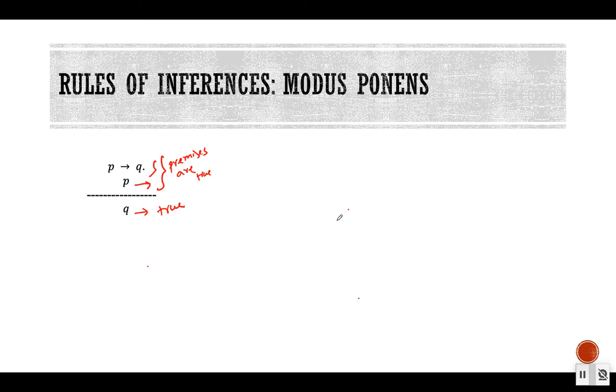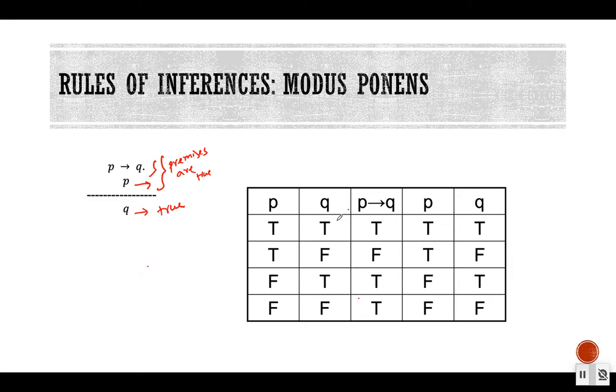So let's find out the simple way to check whether this is valid or not using a truth table. Here we have the simple statements P and Q. We are going to consider all the combinations of P and Q. So we'll find out P implies Q. Only one case will be false and everything else will be true. Then P is true.